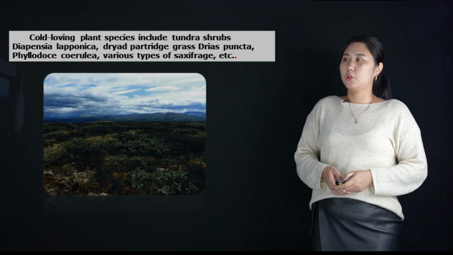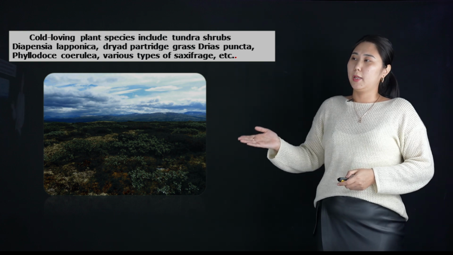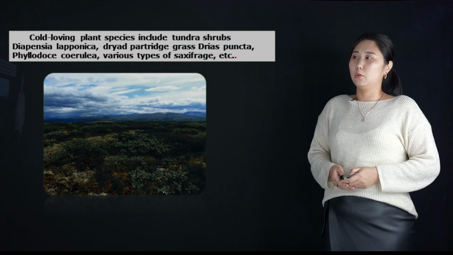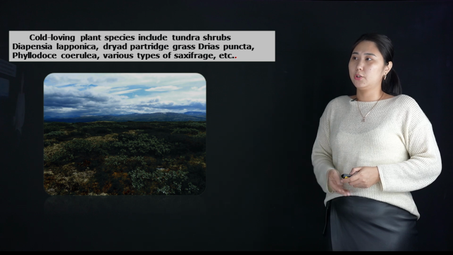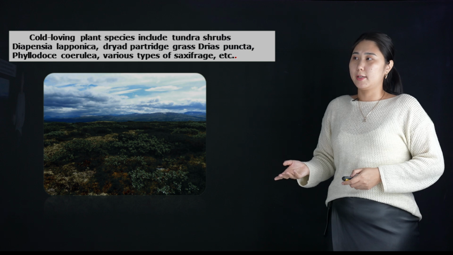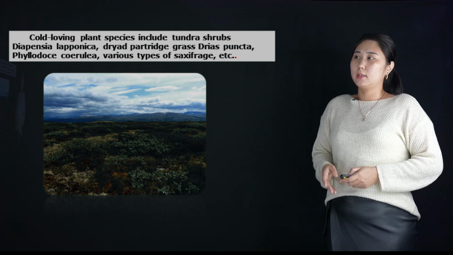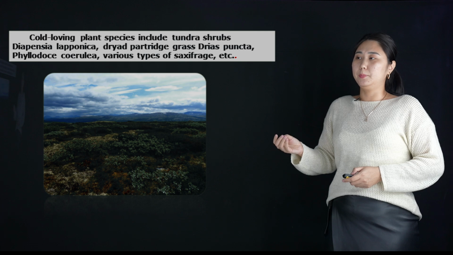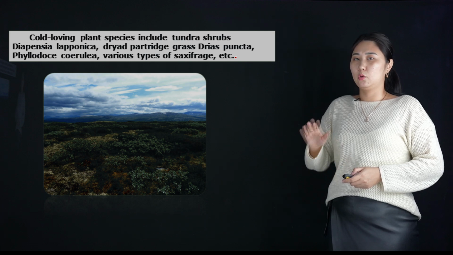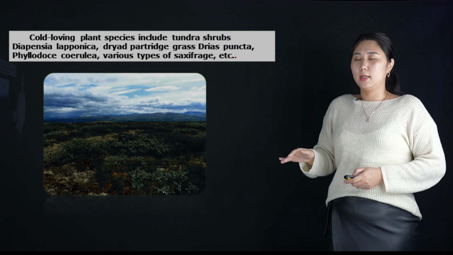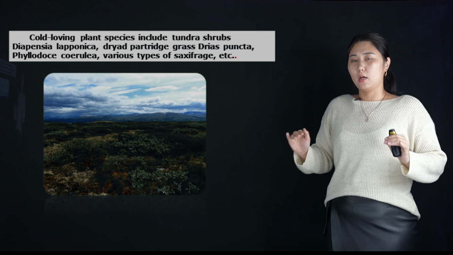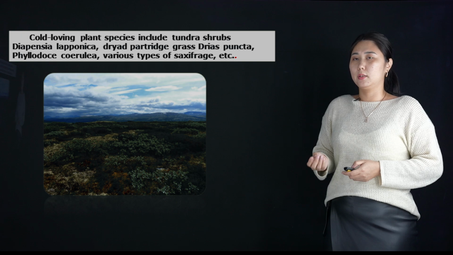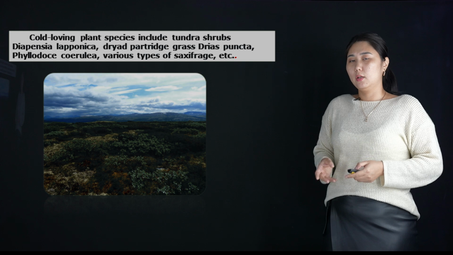Next picture shows cold-loving plants. Cold-loving species include tundra shrubs, dry partridge grass, dry sedge grass, and other types of forage plants. These plants live in the tundra, in the cold places of our Earth's surface, so they can live in cold temperature.